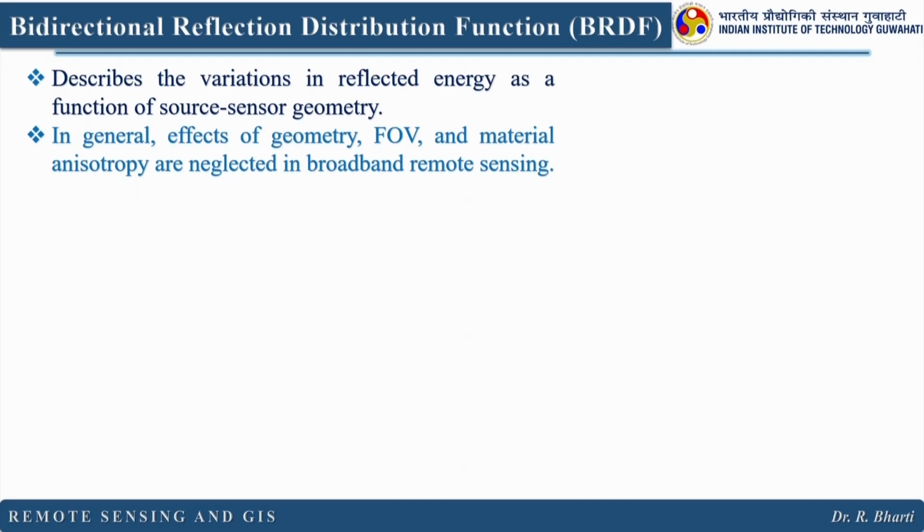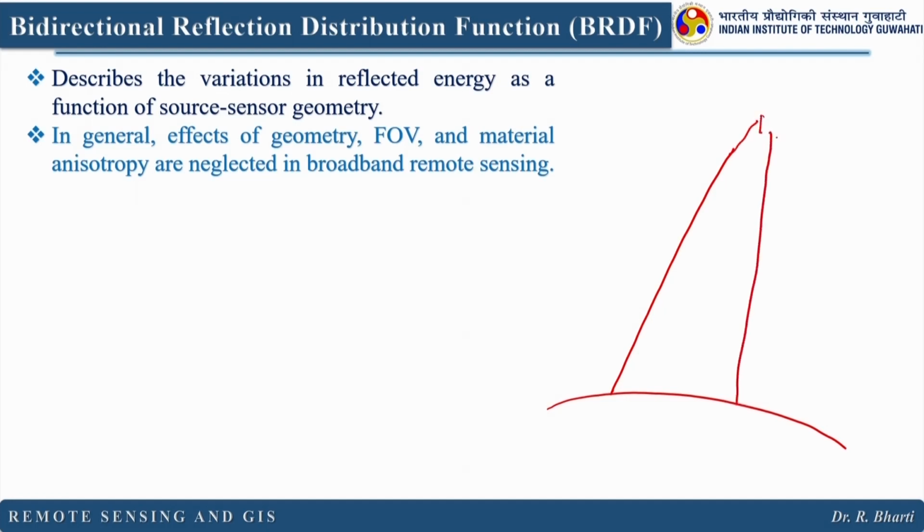So, let us say this is an area which is getting sensed or captured by a satellite or a sensor, right. The sensor is here and it is looking here with this FOV, right. So, it will generate one image. Now, maybe you want to study how this forest area is changing over time, right.